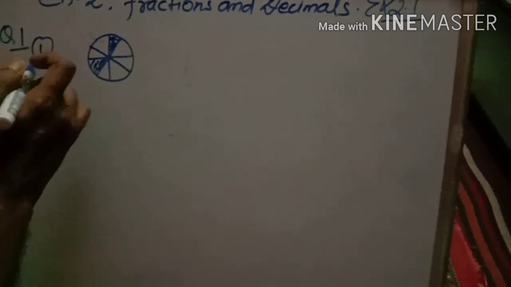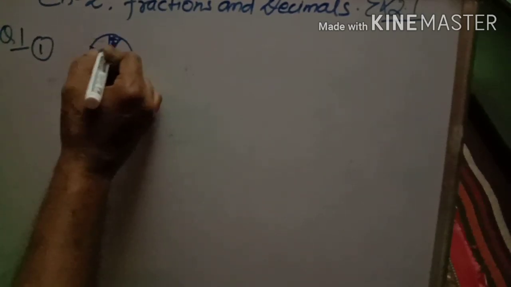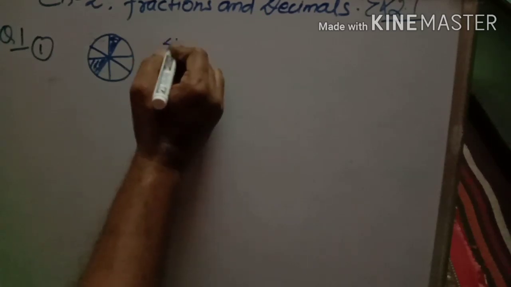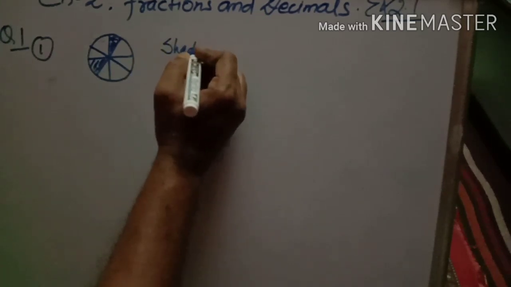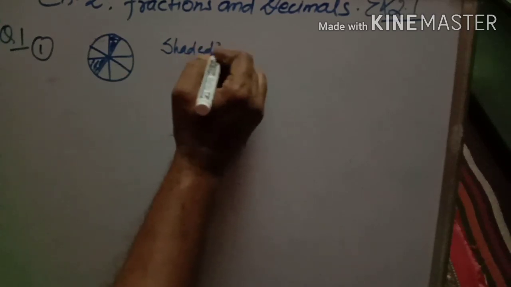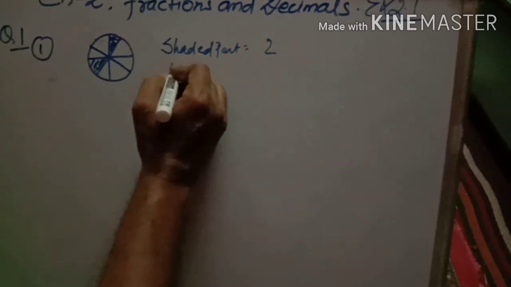Exercise 2.1, chapter 2. Here it is given: what fraction of each of the following figures is the shaded part? So I'm discussing question number 1. Here, first of all, see the shaded part. Shaded part equals 2, and the whole equals what?